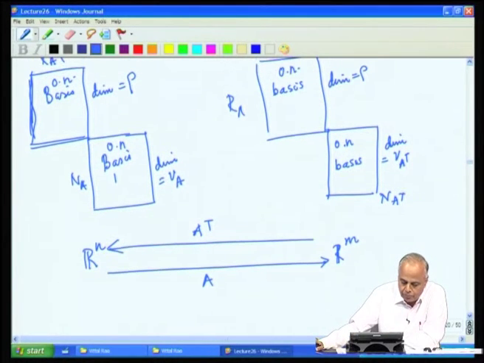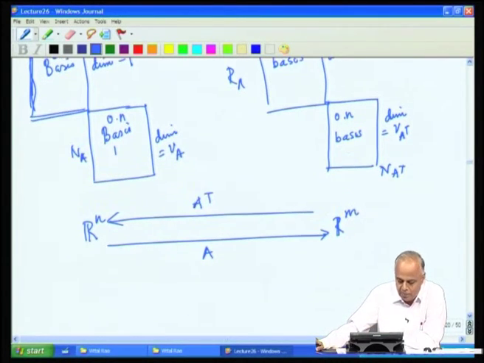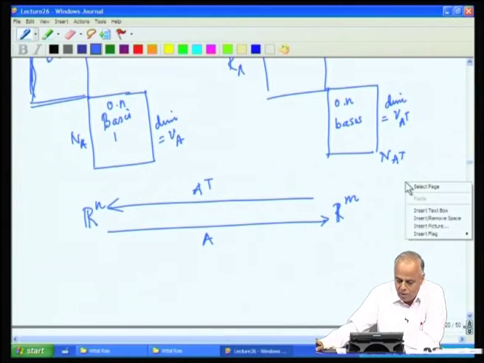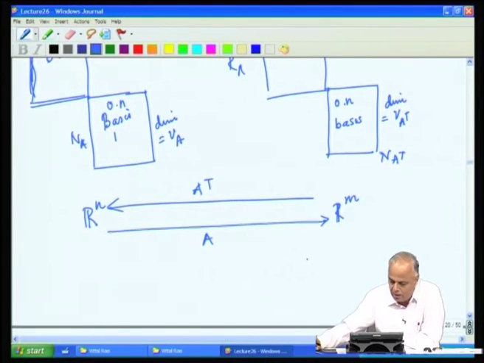So, we have to understand what is meant by a suitable basis, how to choose this orthonormal suitable basis, and how you put all this information together to get the answers to all the questions that we raised about a matrix. Now, before we do that, let us also observe one fact.